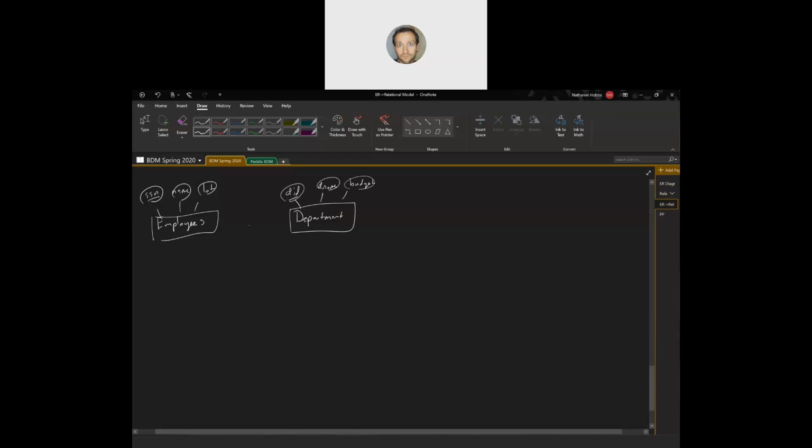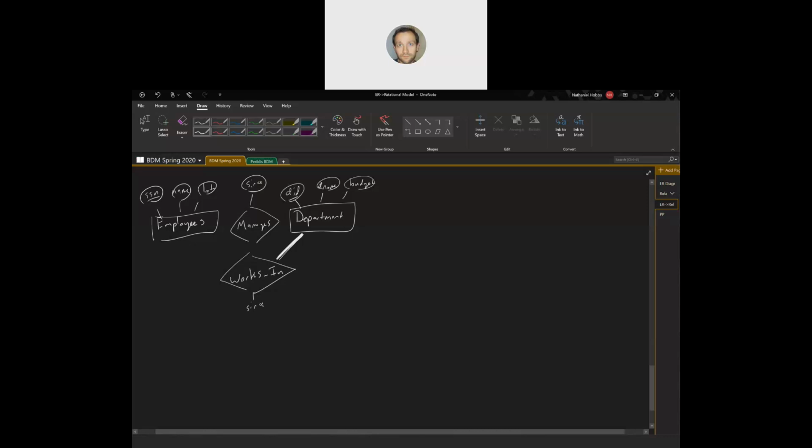There's going to be a relationship manages since some time. And there's also going to be another relationship called works in, since some time.